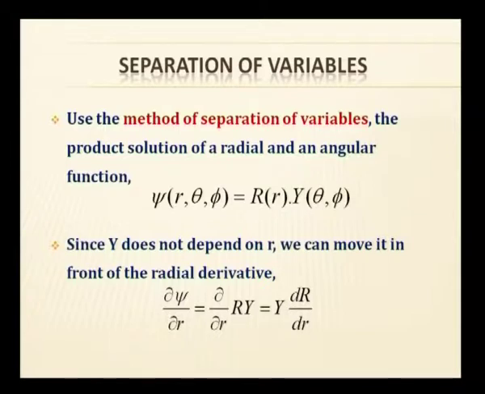Therefore, you can write the wave function psi of r, theta, phi as the radial part R as a function of small r, and Y as a function of theta and phi, and this Y is called the spherical harmonics. I will discuss more about the radial equation and the angular parts after the break. We will have a break at this point.